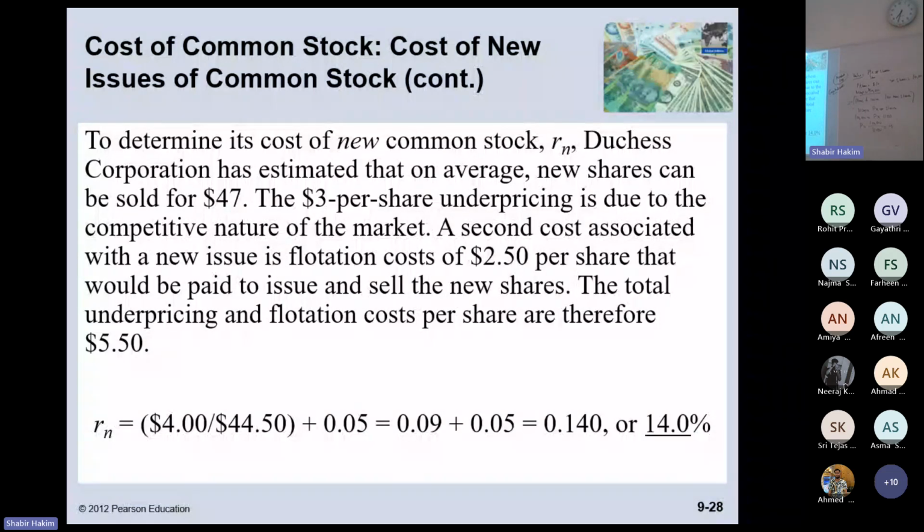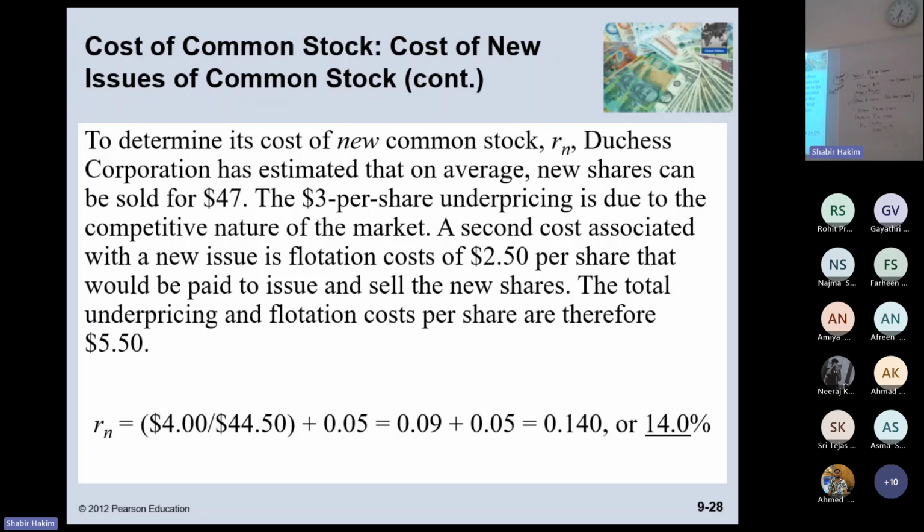Now for the new shares, they will be selling them for 47. This is underpricing by $3. The $3 per share underpricing is due to the competitive nature of the market. A second cost associated with the new issuance is flotation cost of $2.50 per share that would be paid to issue and sell the new shares. The total underpricing and flotation cost per share is therefore 5.50, right?